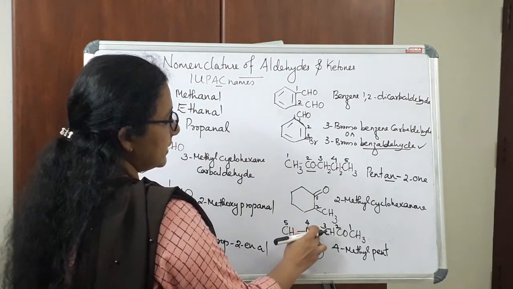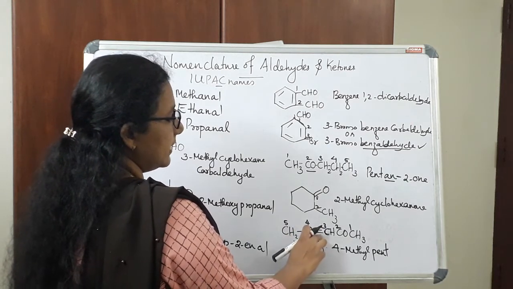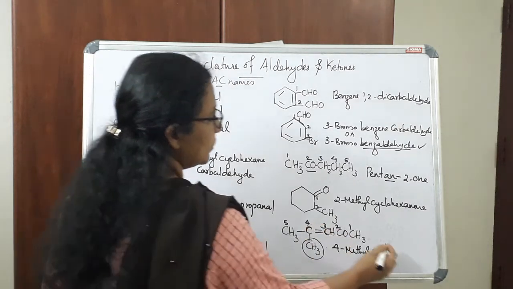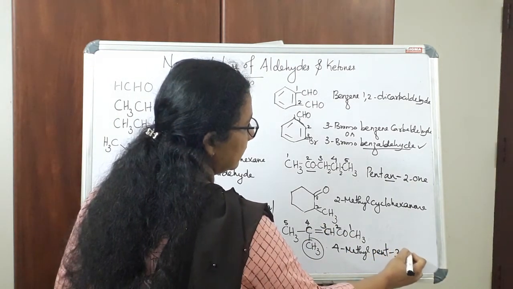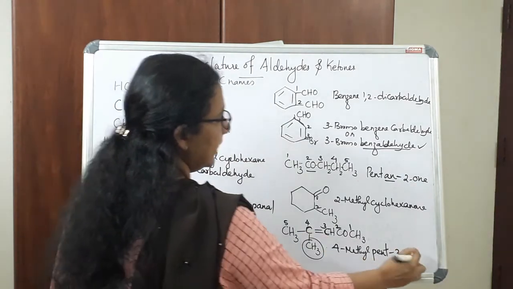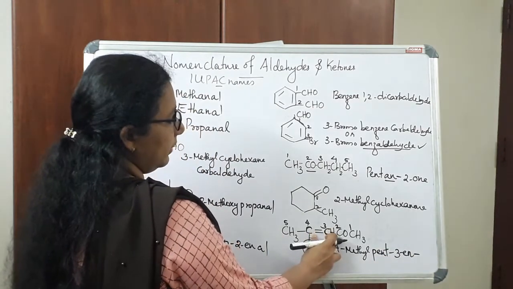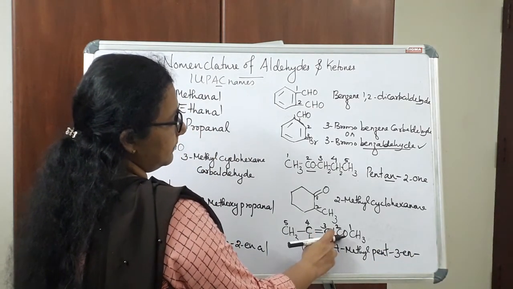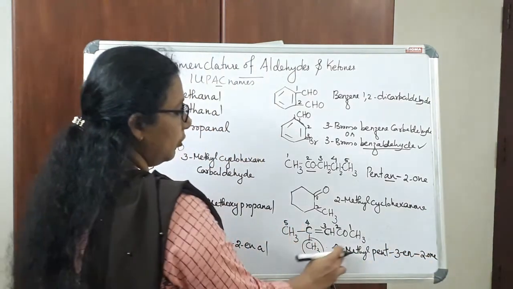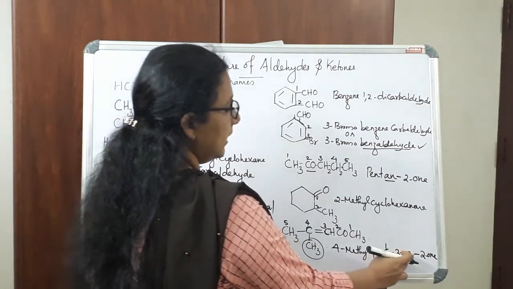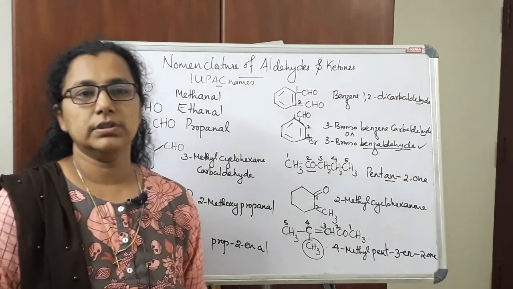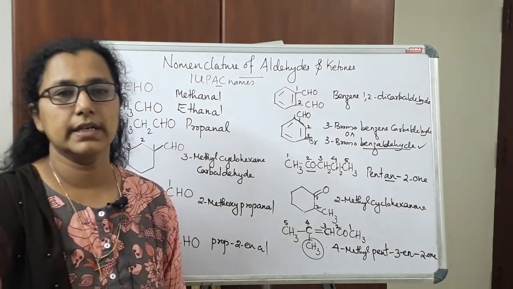And check whether there is unsaturation or saturation. There is an unsaturation, in the third position there is a double bond. So pent-3-en. Then the ketonic part is in the second position, so this will be 2-one. So 4-methyl pent-3-en-2-one. That is the IUPAC name. So this is about the IUPAC name of some common aldehydes and ketones.